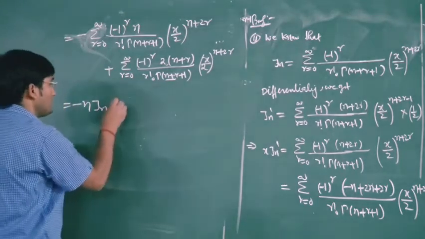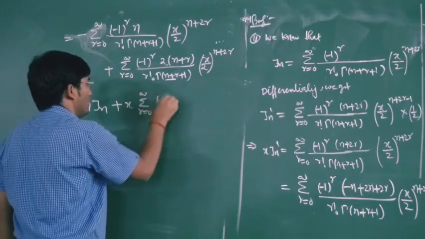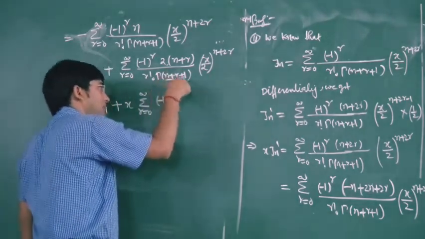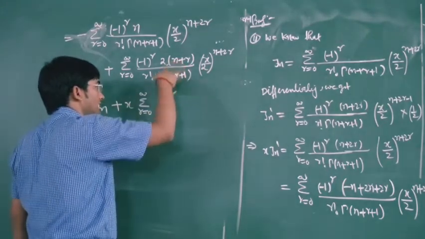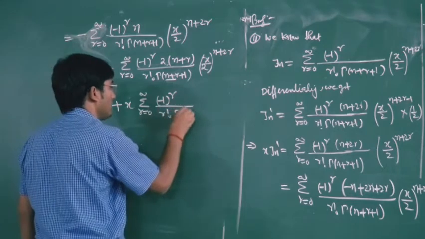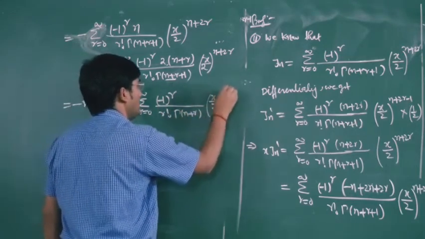So the second term is minus 1 to power r. Now this gamma n plus 1 is n gamma n. So this n will get cancelled. So we have factorial r, then this will be gamma n plus r, then here we have x upon 2 power n plus 2r minus 1.